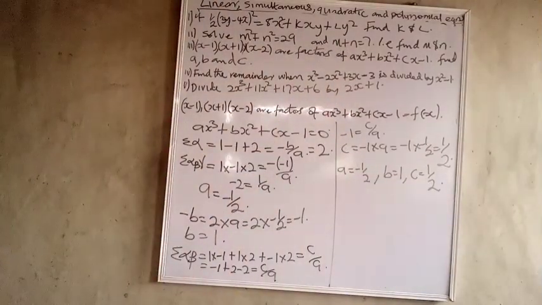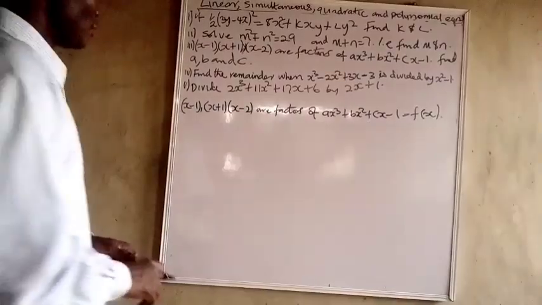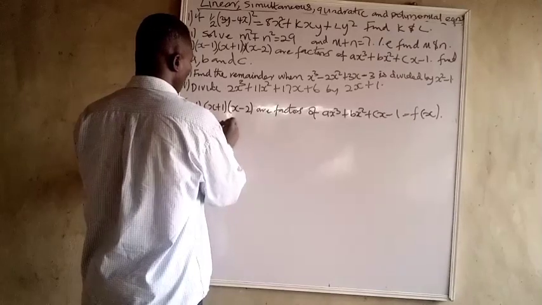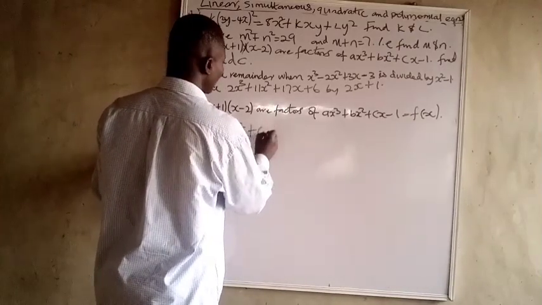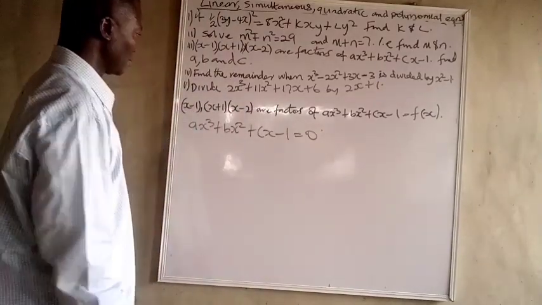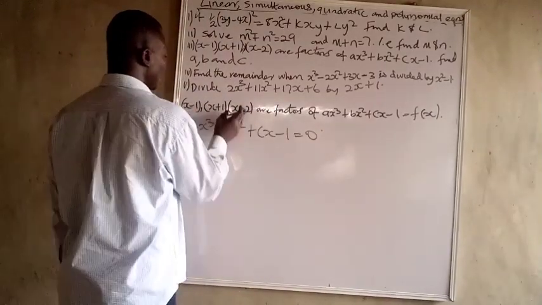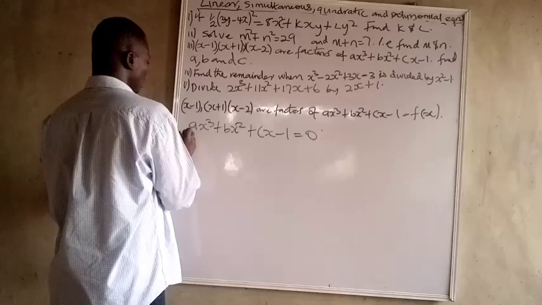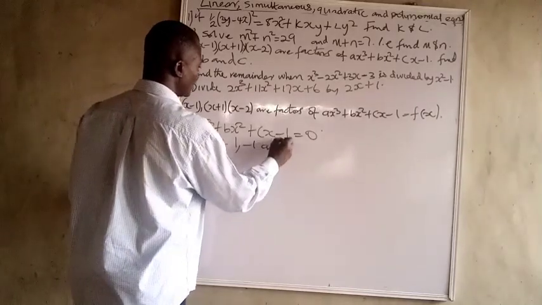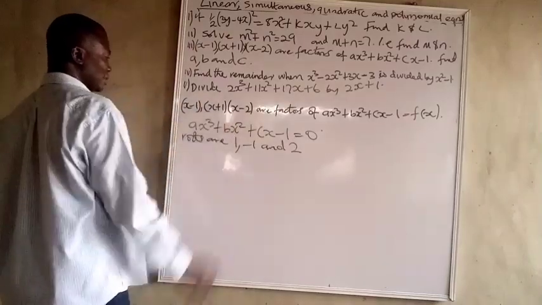Now we can also use the factor theorem. So if I use the factor theorem, it means ax cubed plus bx squared plus cx minus 1 will be 0 for each of these values. Now let me input each into this. So the roots are 1, minus 1, and 2, which make this expression 0.